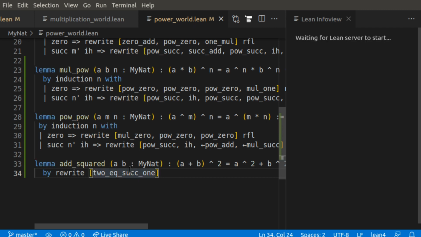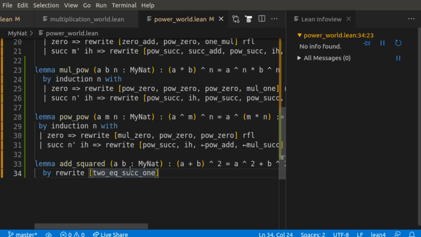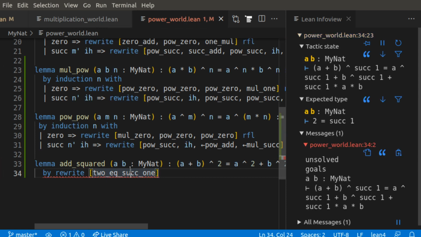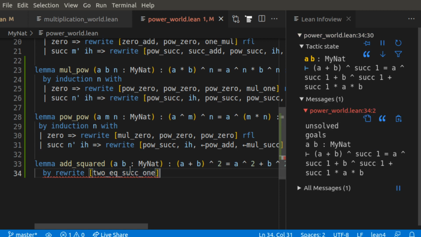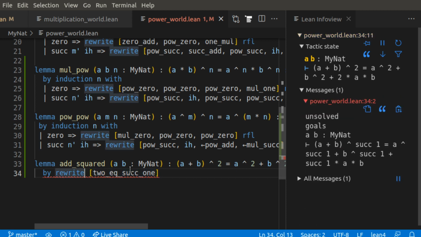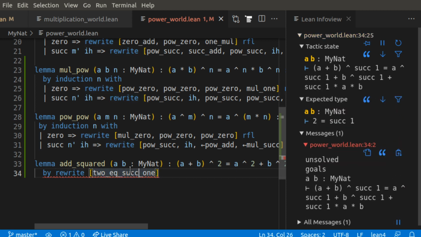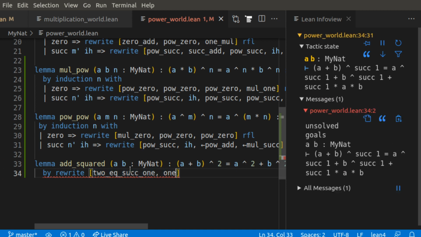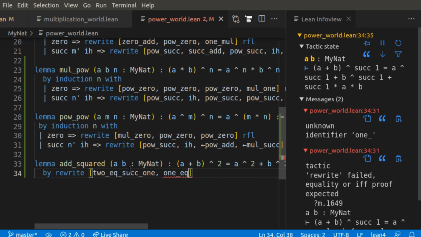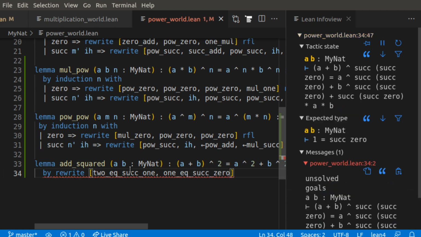We should be able to turn the 2 into successor of 1, which we know how to deal with. Yeah, that rewrites it everywhere. Okay. That's fine, and then we can also rewrite 1 equals successor of 0. Oh god, that is pretty ugly, but I guess that's what we have to deal with.